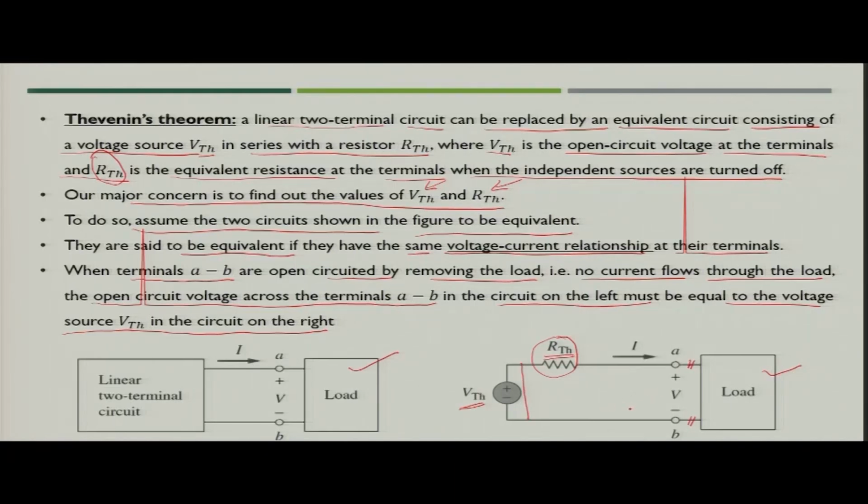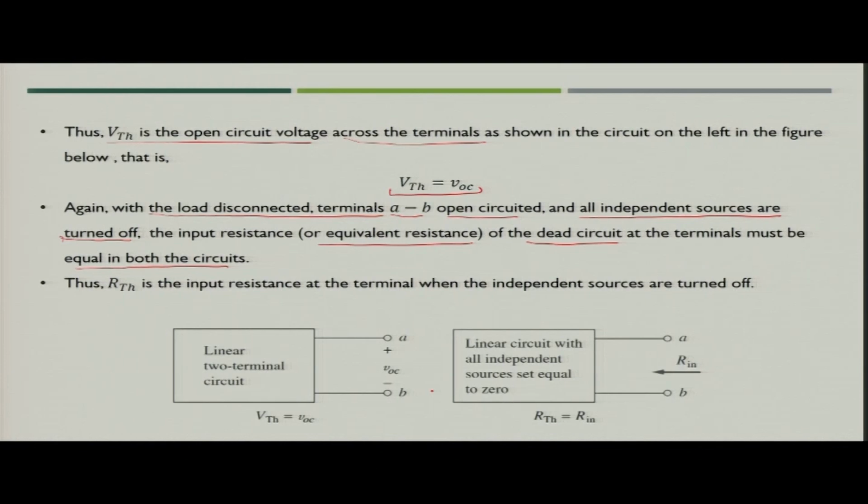So, whatever resistance you will see in both of the cases, the input resistance across the linear circuit with all independent sources set equal to 0 would be equal to RTH. So, with these two conditions you can find the value of the important parameters which are required for the Thevenin theorem, which are VTH and RTH.